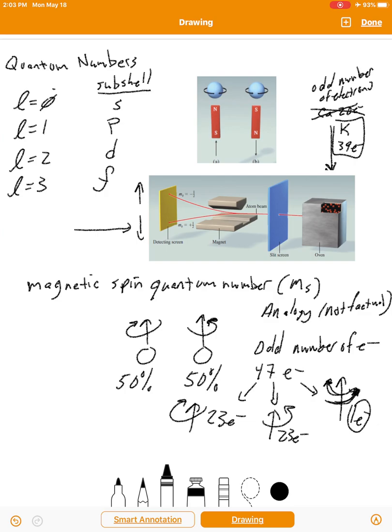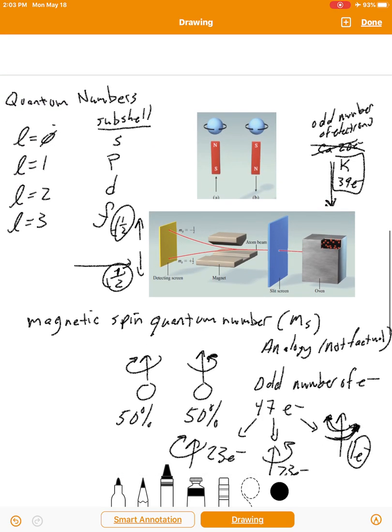And what you find is that half of the atoms, so you just keep shooting one atom after another, half of them go this way, the other half go this way, down or up. And so we might call these electrons that went up spin up. And the ones that went down, we call them spin down.